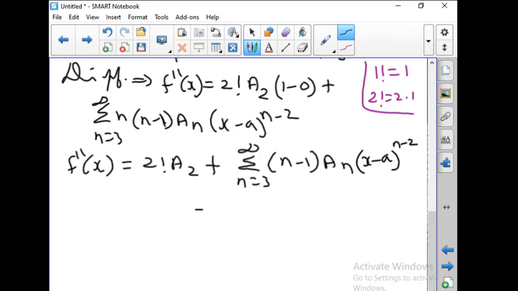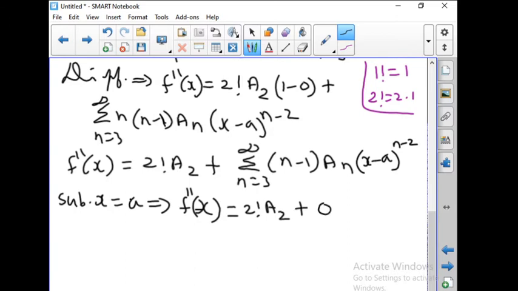So we have got this. Now again substituting x is equal to a. திருப்பி x is equal to a substitute பண்றோம். அப்போ x is equal to a substitute பண்ணும்போது என்ன வந்துரும்? f double dash of a is equal to 2 factorial into a2 and plus 0. Okay. x is equal to a போடும்போது.